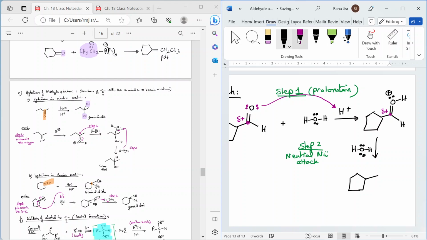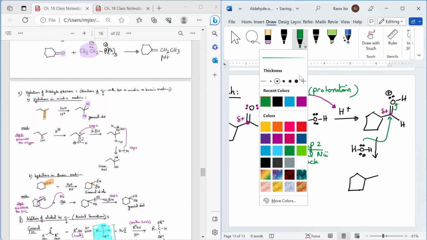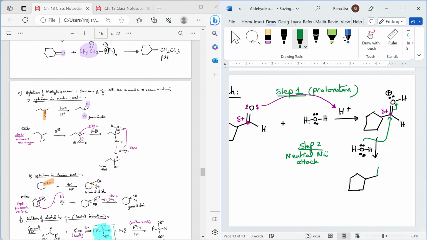Okay, here the water is going to come, it's going to attack the partial positive carbon and form a lone pair on the oxygen. So as I mentioned, in acidic medium, you don't need a solvent in there. So you're going to end up having your OH. That is going to be your water.